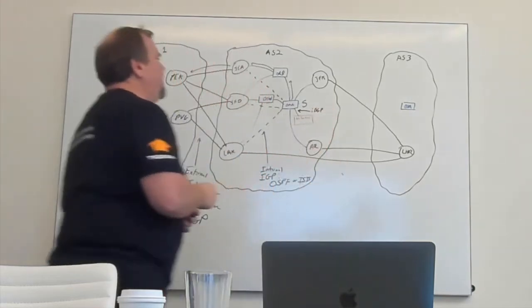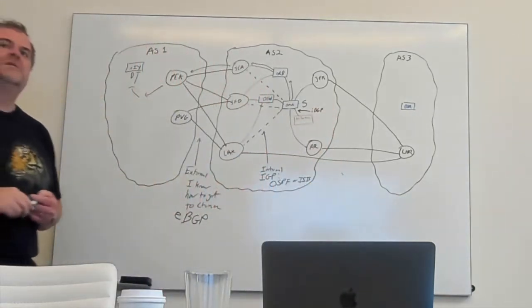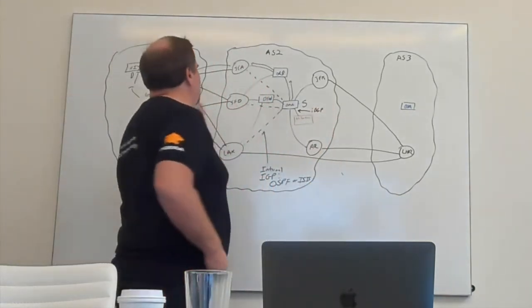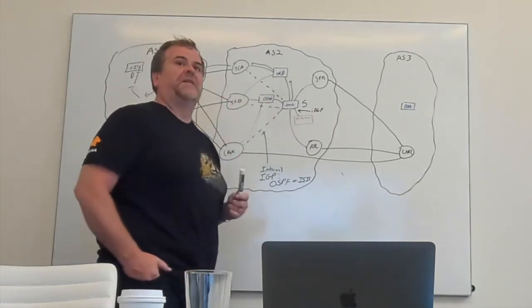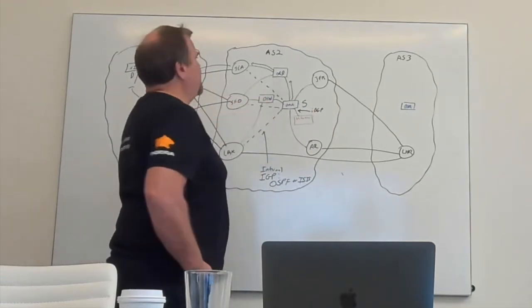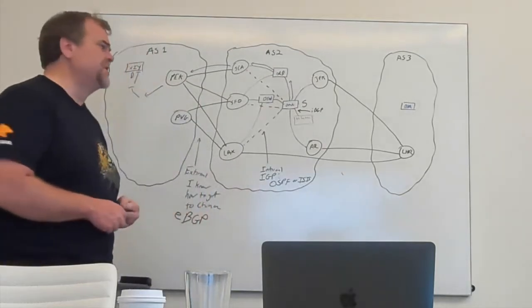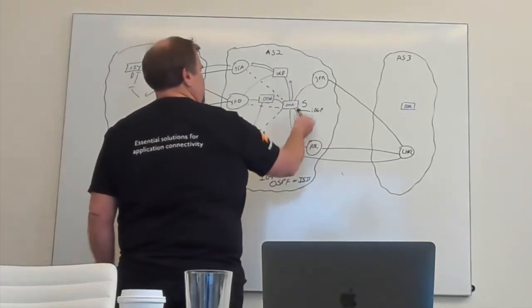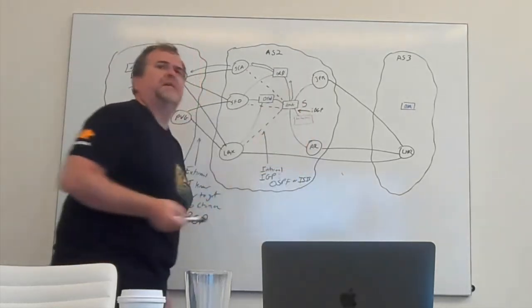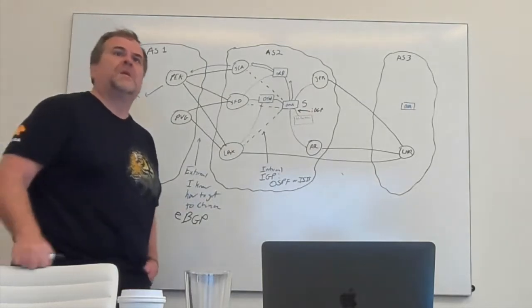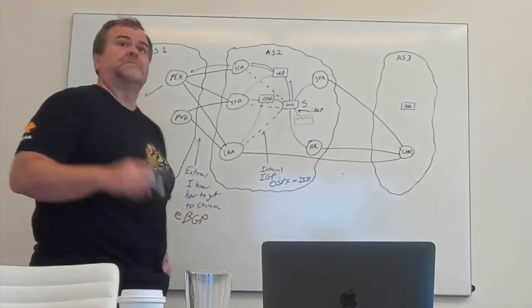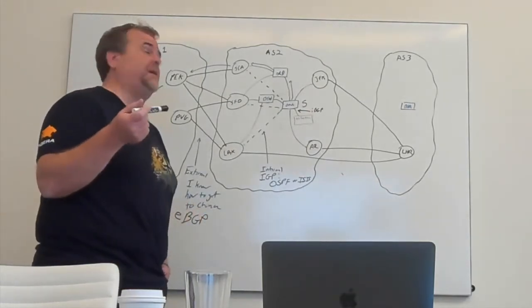This is running within the AS, and it's just used to tell someone like Valentine that Omaha can get to everything, or some set of everything. So again, we're telling Valentine, send all traffic to me, and I'll get you there. So that's one use of iBGP.